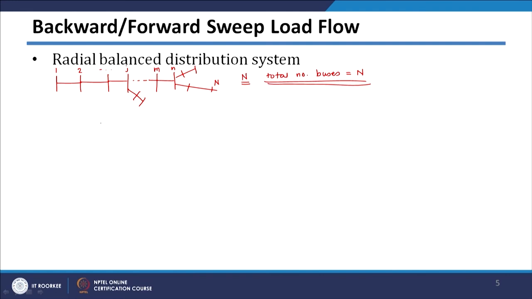In this case also, step 1 is initialization of voltage. So, we explicitly write the algorithm. Step 1 will be initializing bus voltages. However, in this case there will be a complete matrix of voltages.